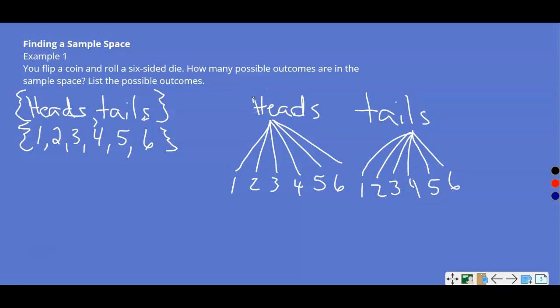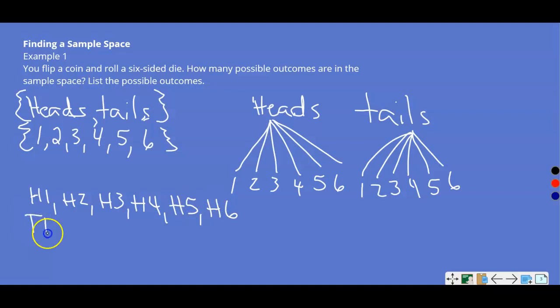All right, so if we let H represent heads and T represent tails, we can list all the possible outcomes as heads 1, heads 2, heads 3, heads 4, heads 5, heads 6, tails 1, tails 2, 3, 4.